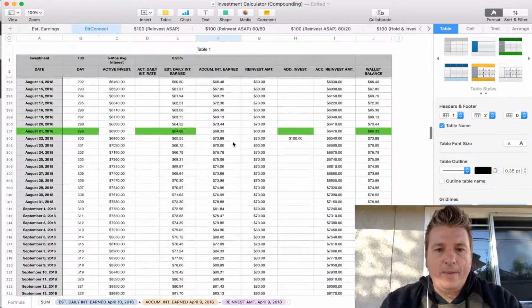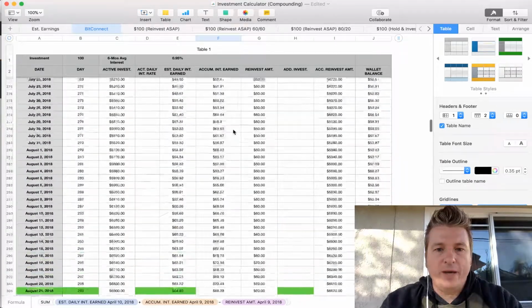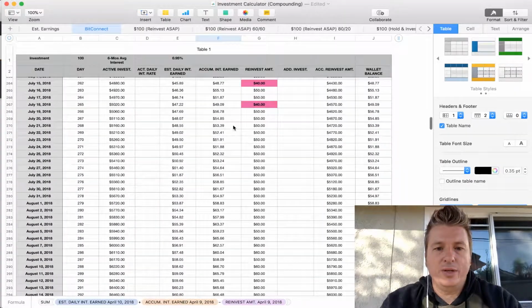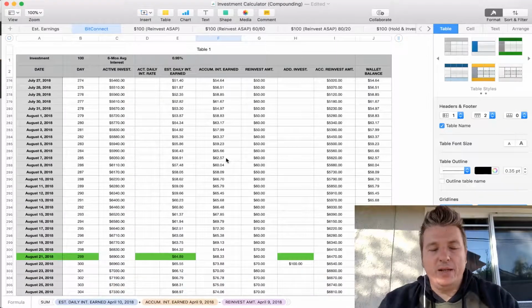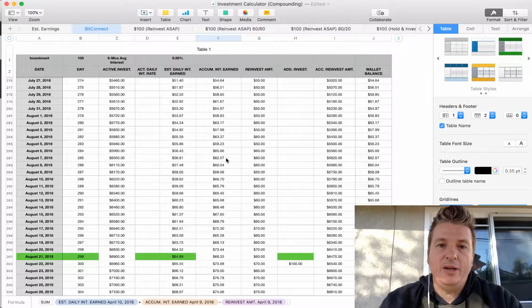So what I might do is, if I get to $50 here, I might hold it for a day or two and reinvest $100 at a time. Now, I've proven mathematically that it's better to reinvest $10 per day at your most minimum level. Over time you'll make more money.